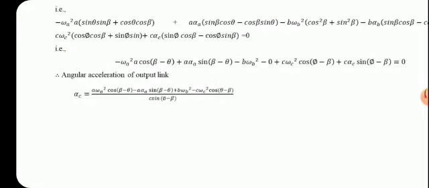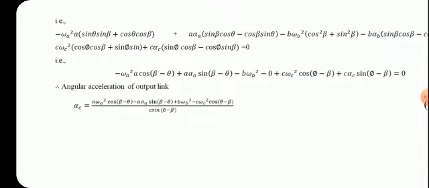Therefore, we can substitute these things: minus A omega a square into sin theta sin beta plus cos theta cos beta, plus A alpha a into sin beta cos theta minus cos beta sin theta, minus B omega b square into cos square beta plus sin square beta, plus B alpha b into sin beta cos beta minus cos beta sin beta, plus C omega c square into cos phi cos beta plus sin phi sin beta, plus C alpha c into sin phi cos beta minus cos phi sin beta is equal to 0.